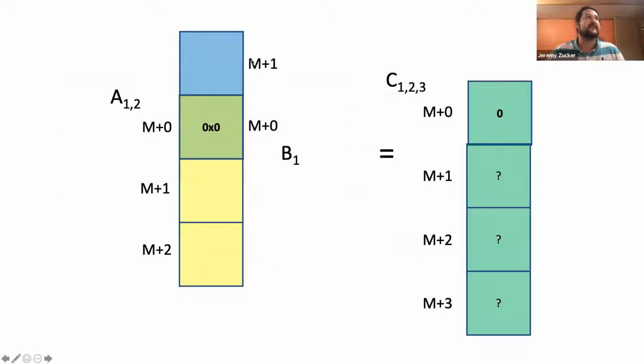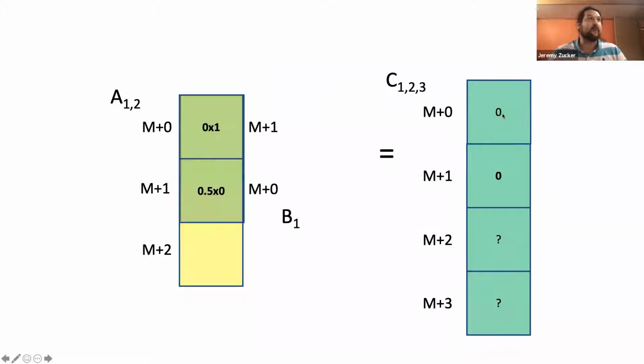So in this first case, we've slid down B1 so that M plus 0 and M plus 0 are overlapping. So 0 plus 0 is 0, so we put it in the M plus 0 slot, and 0 times 0 is the value that we put in that slot.